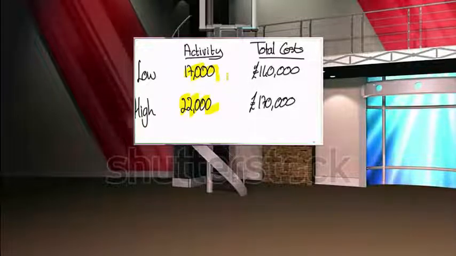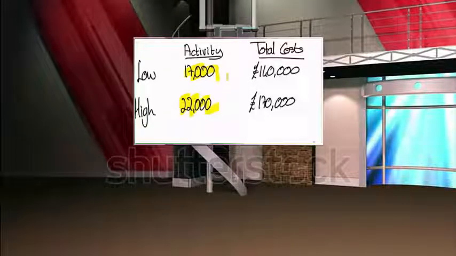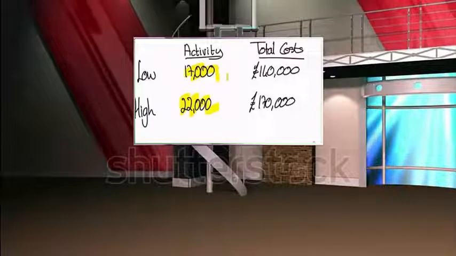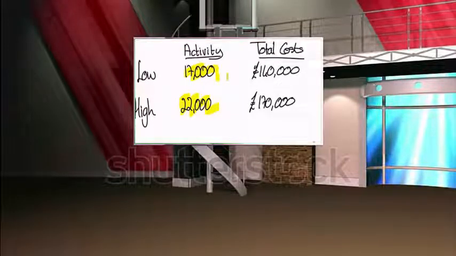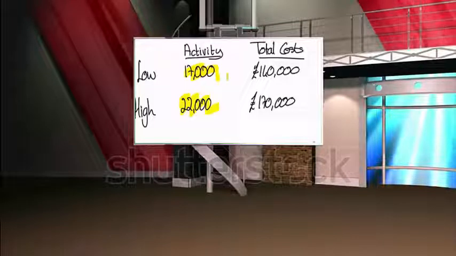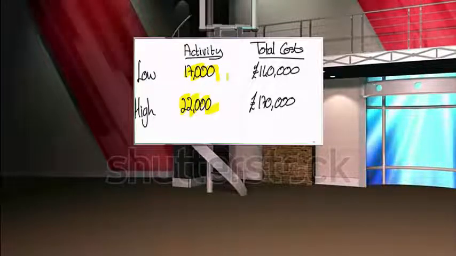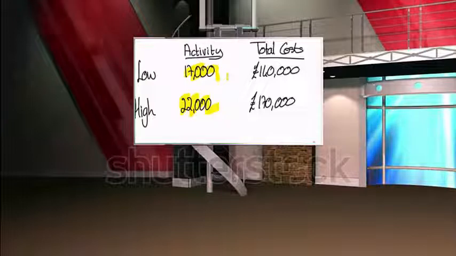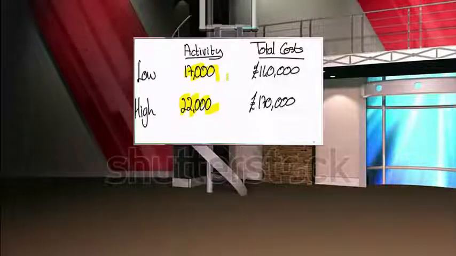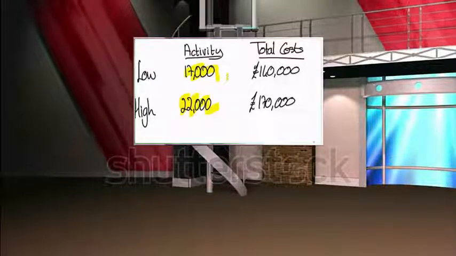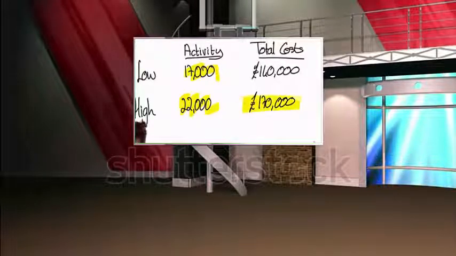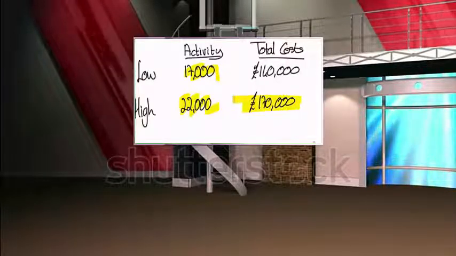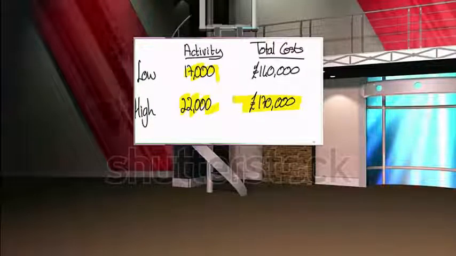So now our fixed costs are not constant across these two levels of activity. So what do we need to do? Well, all we need to do is adjust our data to remove the change in the fixed costs. So we need to look at these total costs at the high level of activity and make an adjustment.